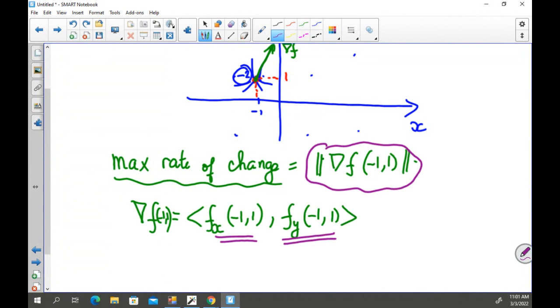So first find fx, and then fx at the point -1, 1. Find fy, and then you take the magnitude of the vector fx, fy, which is the gradient. You can think of this as 3 steps, 4 steps.